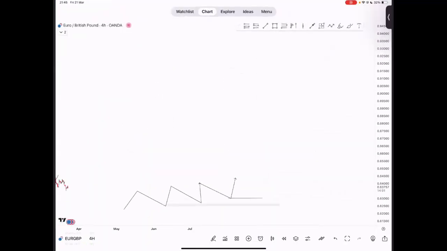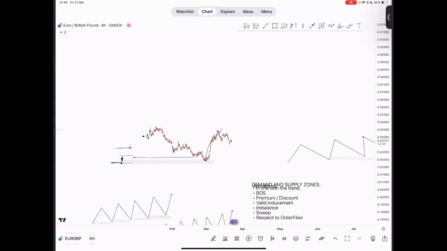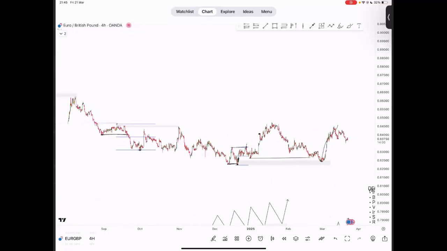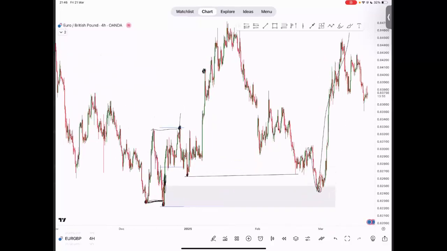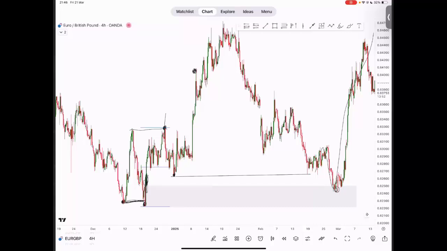Okay, I think this one. Like we already have the first change of character and the break of structure to validate it. And the area you used as structural liquidity, which you marked as equal low there, I was thinking that that was supposed to be a valid demand zone for us since there is already a double bottom, like equal lows at the top of it.